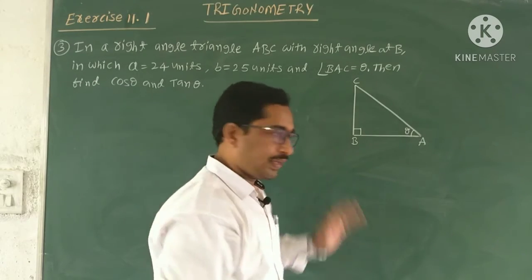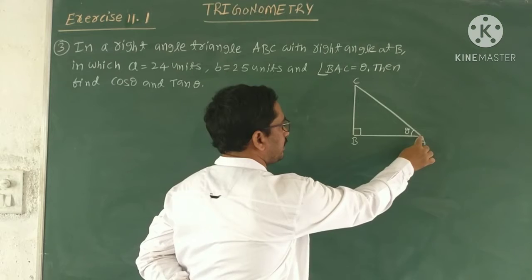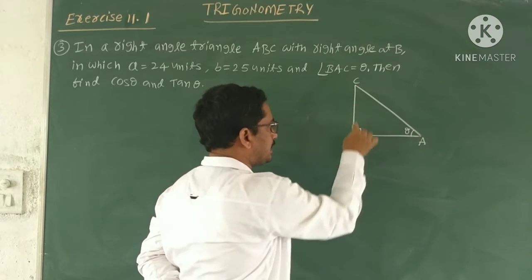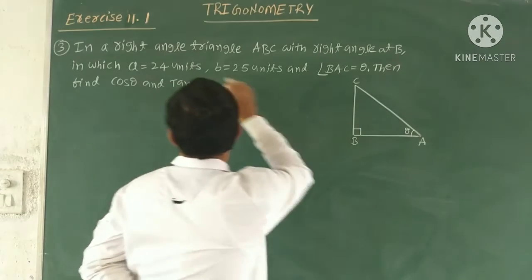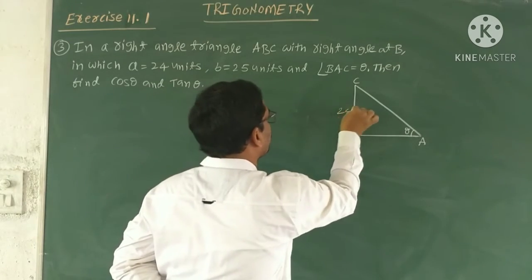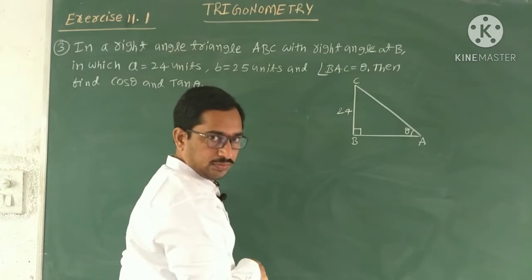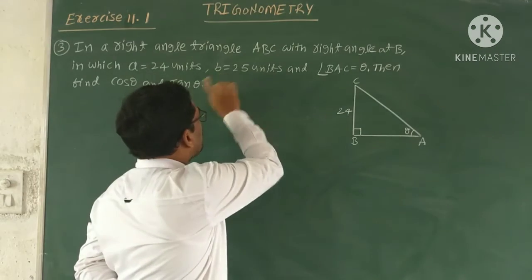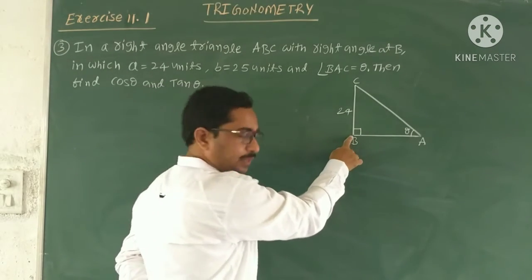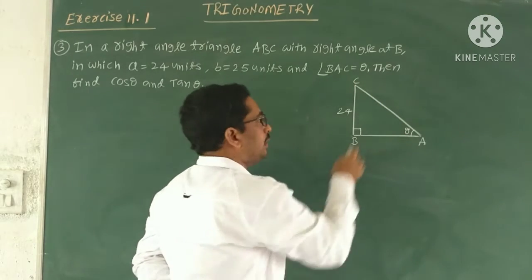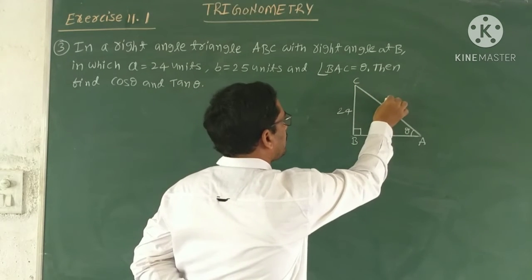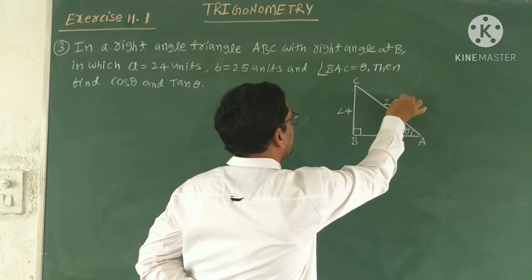Now here in the same way, here the vertex A, its opposite side is BC, and its length we denote with small a, and small a is given 24. Next B, small b is given. Here the vertex B, its opposite side is AC or CA. Its length is small b and it is given 25.